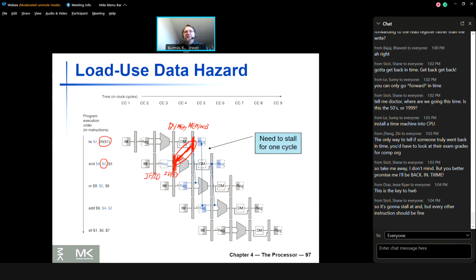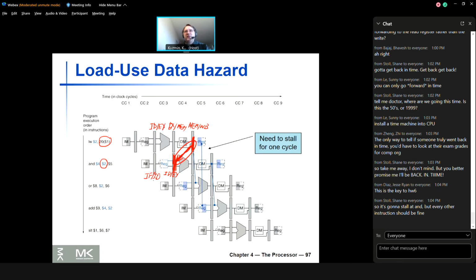So we can even detect it much earlier. We don't have to let the problem propagate until we're able to detect it. We can predict that there is a problem as soon as we have decoded the second instruction. This is ID/EX.